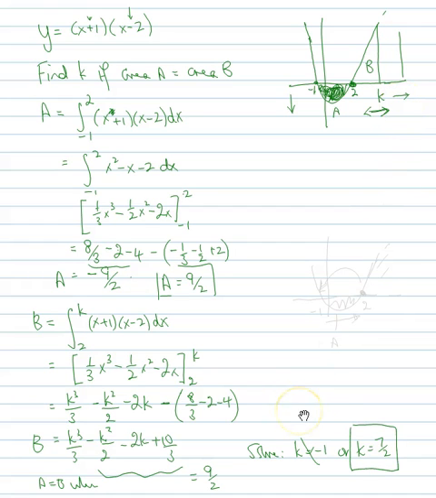Just as an aside, I want to explain what k equals minus 1 is. We rejected it because it's obvious from the graph that k has to be bigger than 2, so it can't be minus 1. But think what k equals minus 1 means. If k was minus 1, so we've got this graph here, let me sketch it out for you.